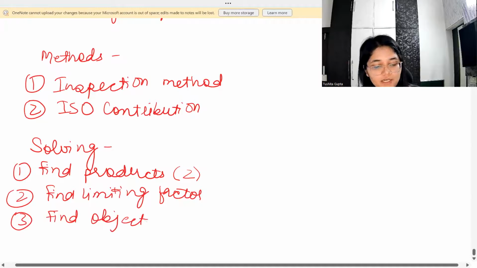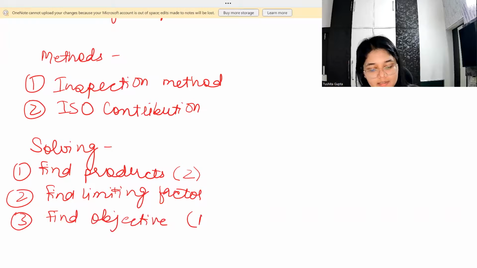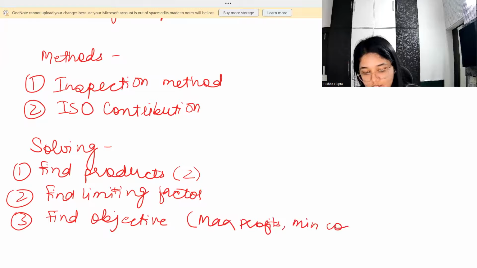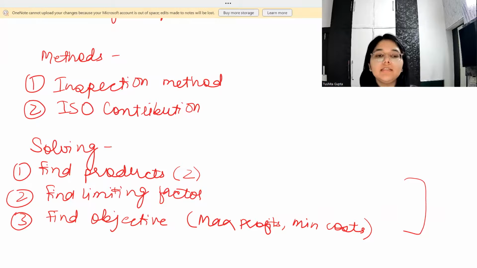So usually the objective will be to maximize profits, or perhaps minimize your costs or your variable costs. Once you are able to figure out all of the three things, you will also be able to arrive at the solution.